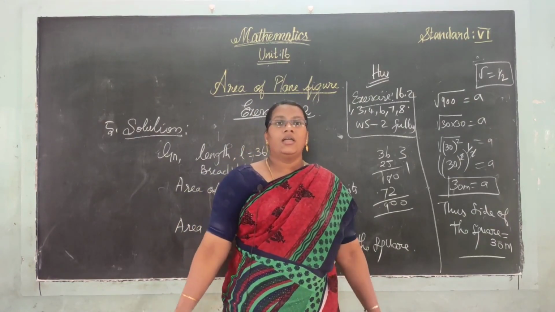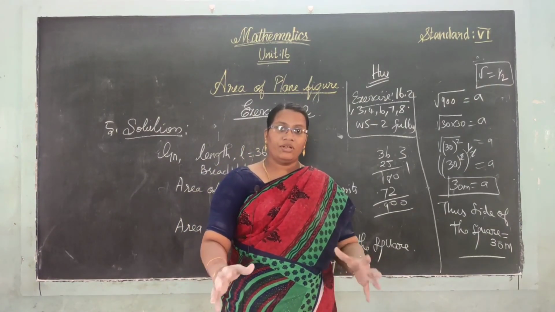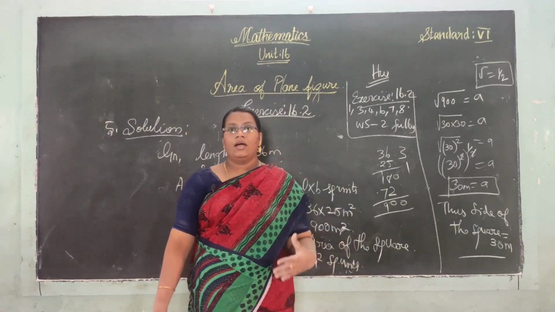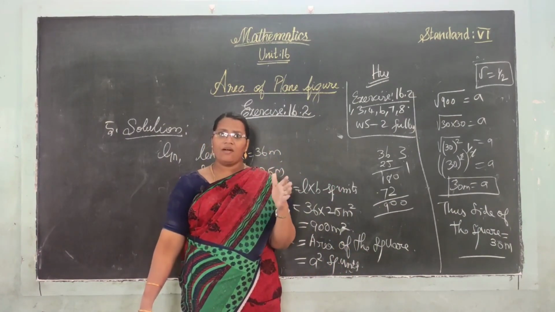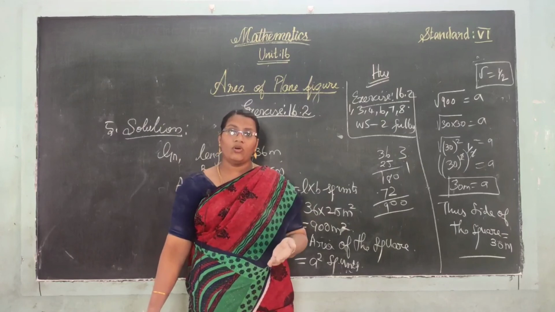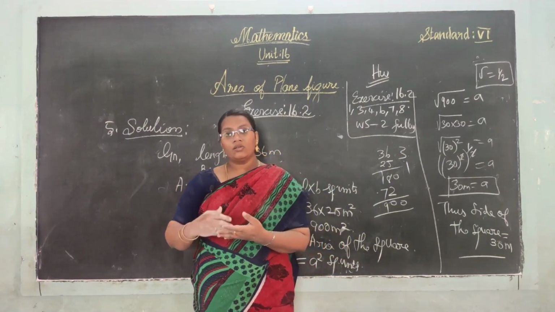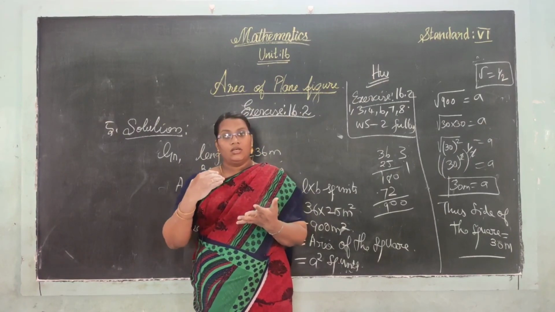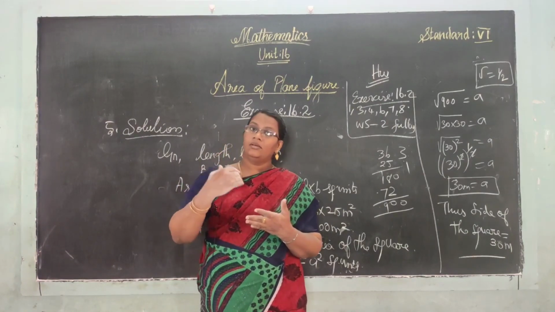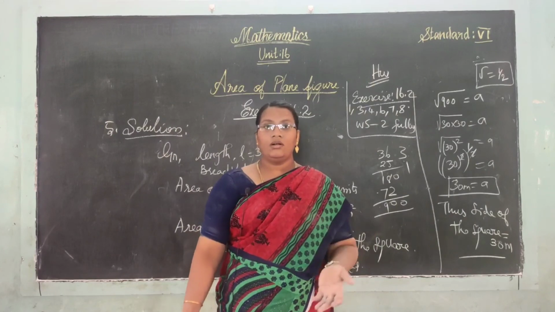And now you have learned the formulas for the perimeter of the square, rectangle, triangle, and also the area of the square, rectangle, and triangle. These are all we have learned.